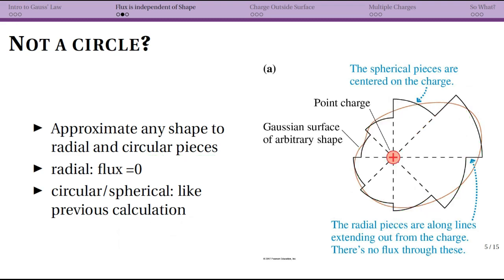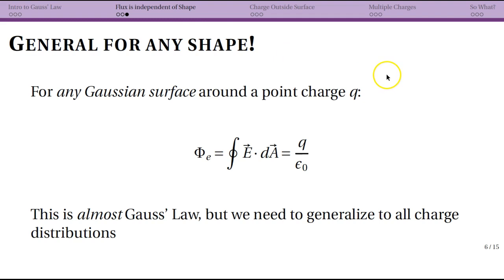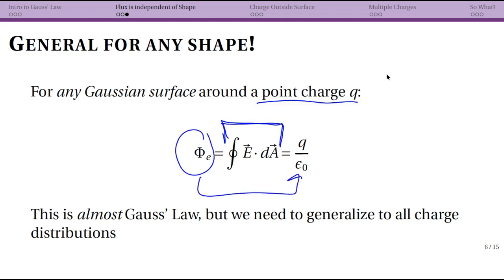So there are some more mathematical calculations you can do to test this, but typically we still have to choose simpler shapes so that the math is doable, but this is in fact going to be true for any shape. So for any Gaussian surface around a point charge Q, and again we're still not quite to Gauss's law because we're only talking about a point charge Q, your flux, which is defined to be this, right, that's how it's defined, is just going to be equal to Q over epsilon naught.